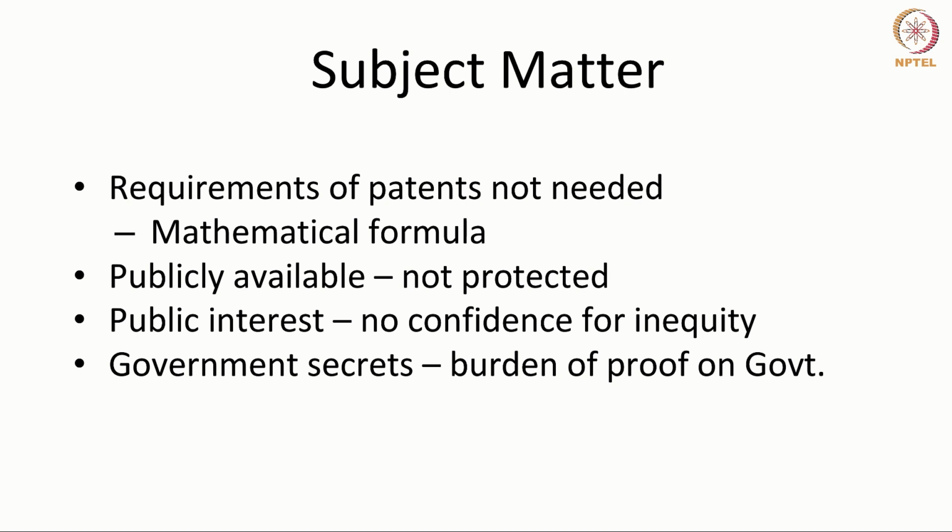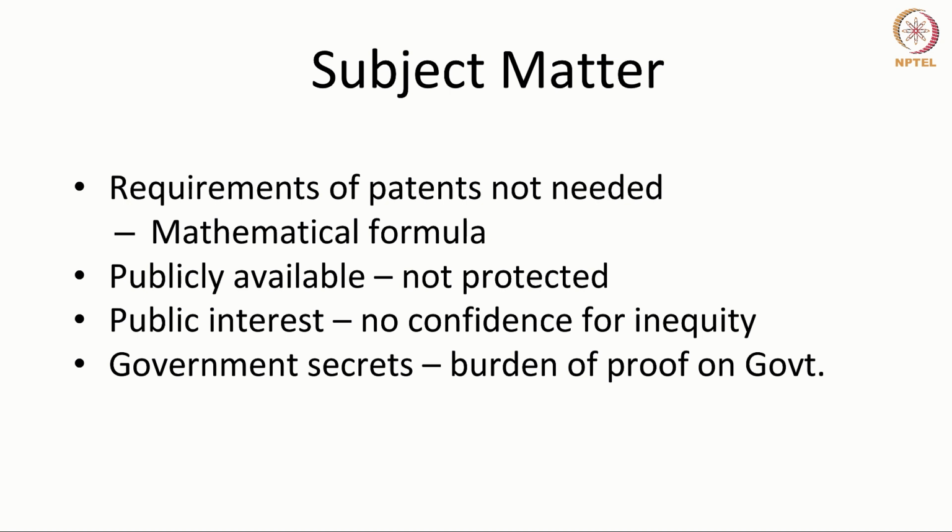Government secrets are normally protected because there is a reason why the government wants to keep something confidential. There is an Official Secrets Act by which government information could be kept as a secret. The patent law also has secrecy directions to be issued in case an invention could be relevant for defense purposes or could affect the national security of the country.